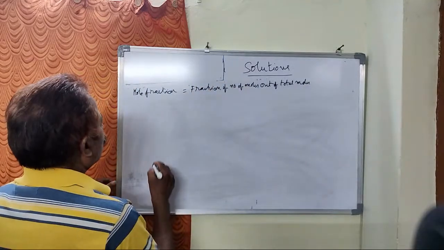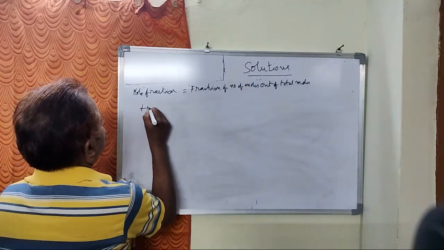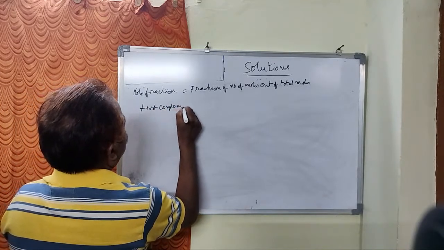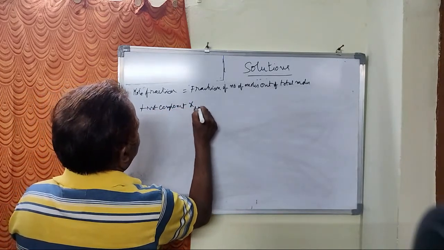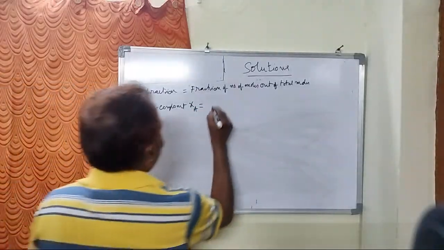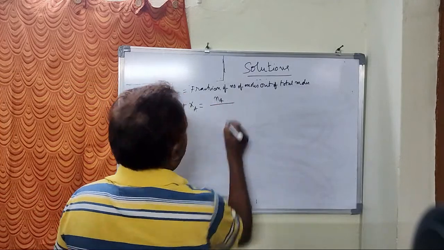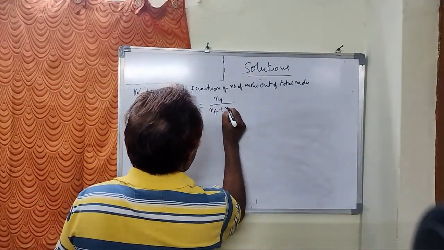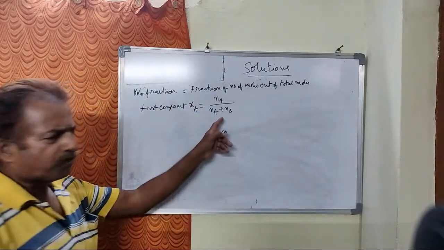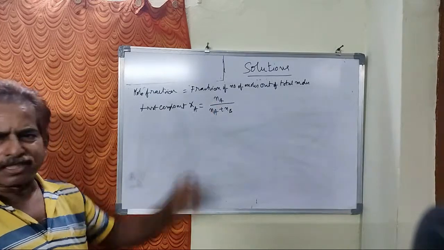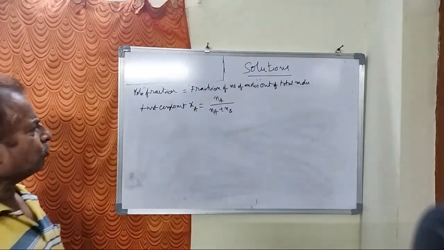That is, mole fraction of the first component, XA or XB, you can write in any way. XA equal to NA, where NA means number of moles of first component, by NA plus NB. So this is the total number of moles in the solution, and this is the number of moles of solute.